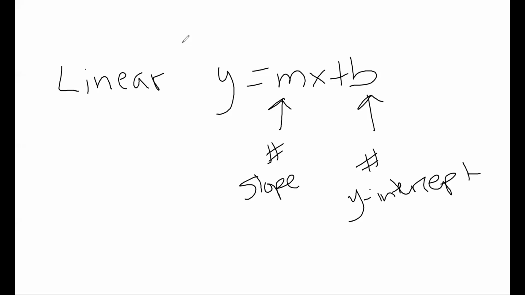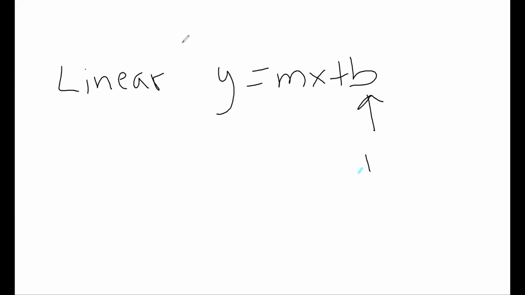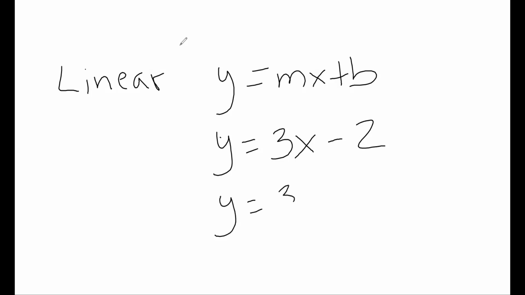So let me give you some examples with numbers so that you can see how that looks, because on questions 1 through 3 on the assignment, I believe, that is what you're looking at. So a linear equation could look something like that. It could be a fraction.